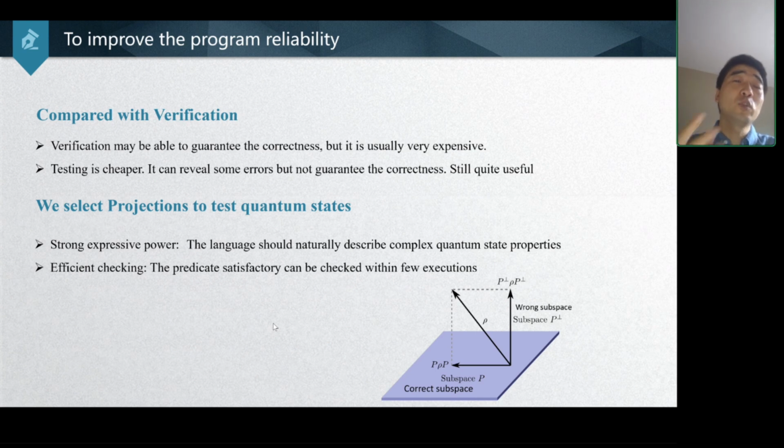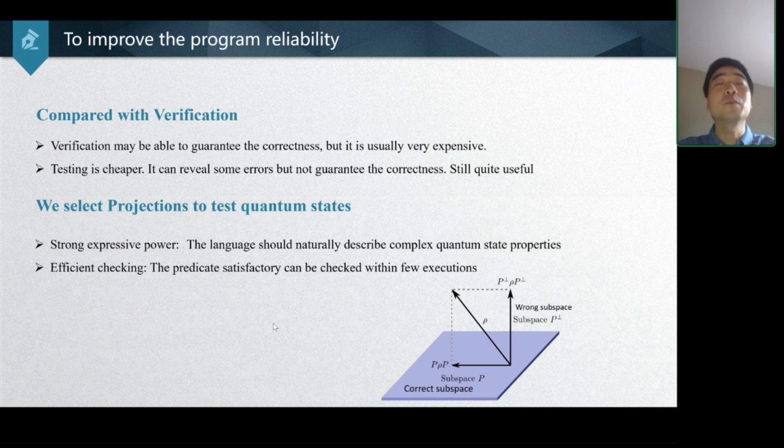If we want to run applied quantum Hoare logic or even mean quantum Hoare logic, we need relatively large computational power in a classical computer. So although verification is able to guarantee the correctness, it's really very expensive. Testing is cheaper in the sense that it can remove many errors, although it does not guarantee correctness.